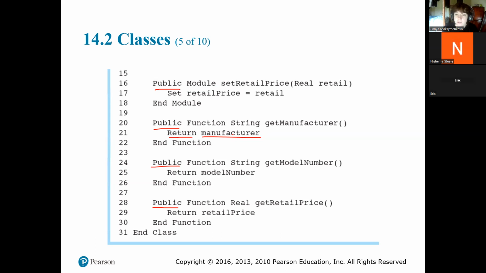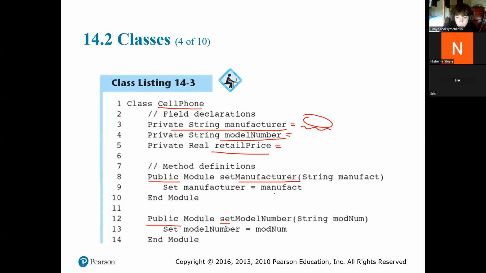This is the main reason for using setters and getters, to make sure that everything that you do inside of your class, and outside of your class, is intentional. If you want to get a value, you will get a value. If you want to set a value, you will set a value. But it's not going to happen by mistake. That's the only reason for using setters and getters.